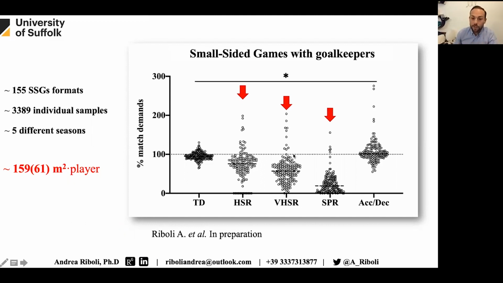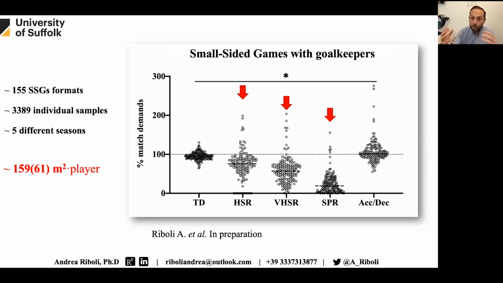The horizontal dotted line is the 90-minute average match demands, and as you can see, in the daily soccer routine that uses small-sided games, the intensity, mainly for very high-speed running and sprint, is lower than match demands.